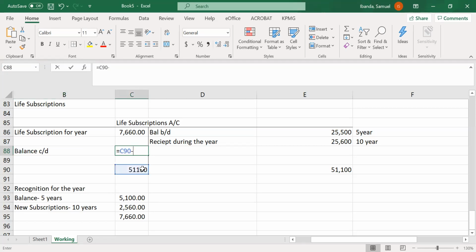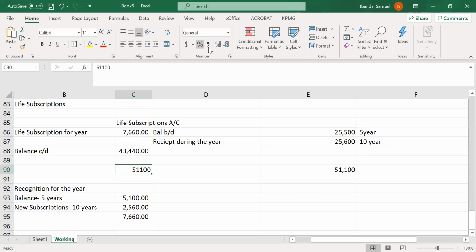Of just the difference between these two values. So you can see that now, when you add these two values, they should give 51. So this 53,440 is our current liability.